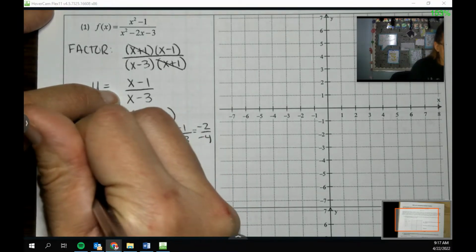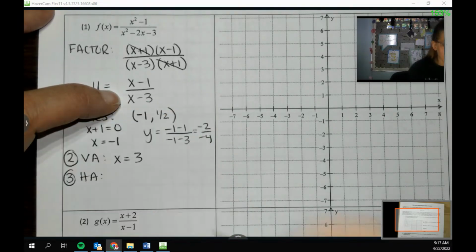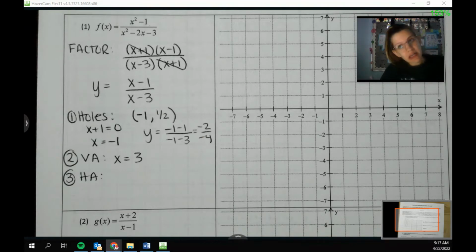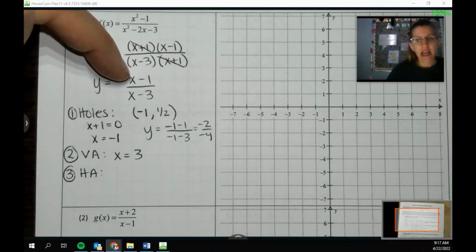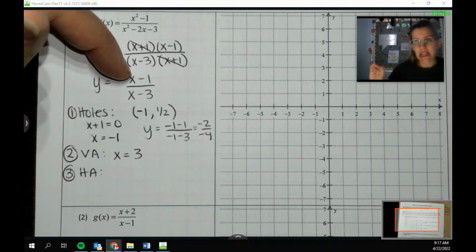Next, we want to think about horizontal asymptotes. And with horizontal asymptotes, this can be the tricky one. So you have to check the degree or the exponent of the numerator and denominator. If the numerator is larger, then we will synthetically divide and get a slanted asymptote.